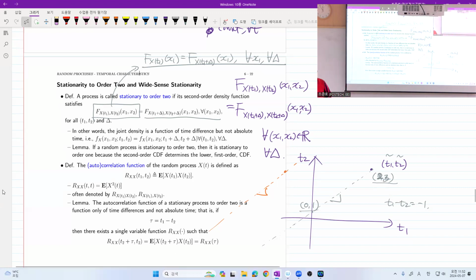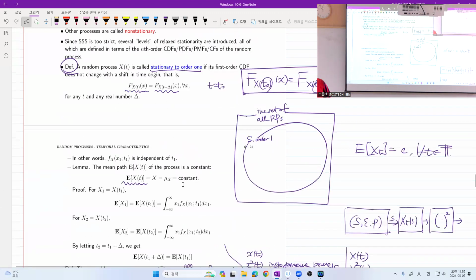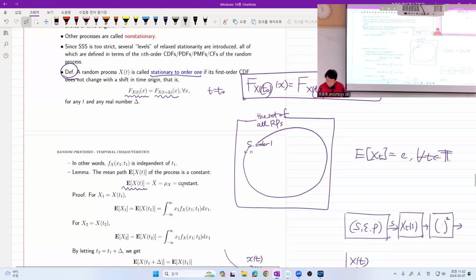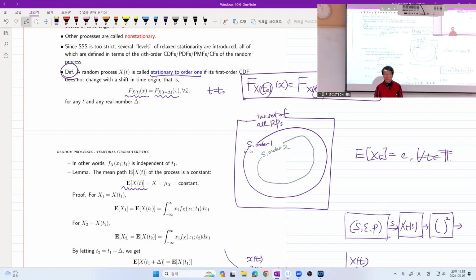So a stationary random process to order 2 is automatically stationary to order 1. So let me go up and draw a subset of subset. Stationary to order 2. Got it? What about stationary to order 3? How do you define it? As Kolmogorov's theorem says, you have to talk about the third order joint CDF, PDF, or PMF.